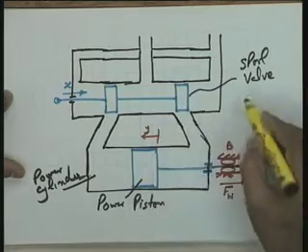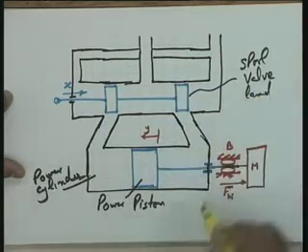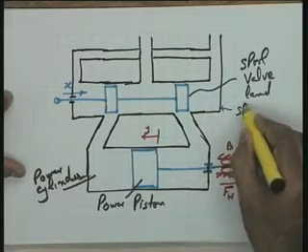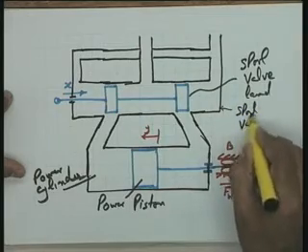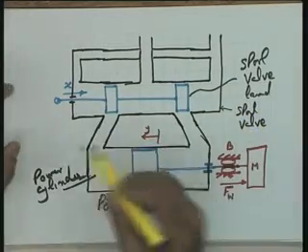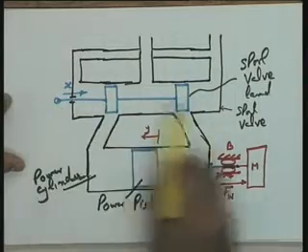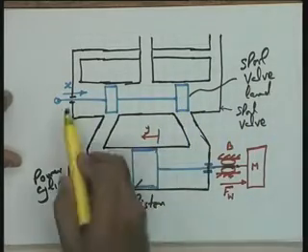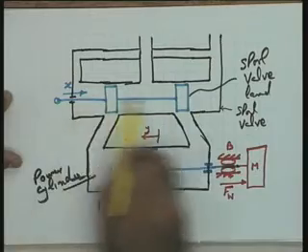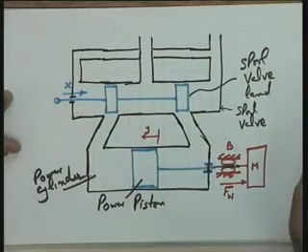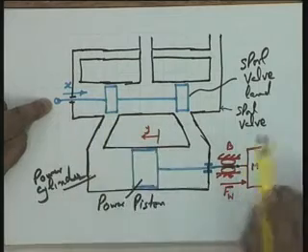These are the spool valve lands, let me call them, and the total assembly is a spool valve. Here is the spool, and these are the two lands of this particular spool. X is the motion of this particular spool, it can be in both the directions of course, and this X is the input to this system.